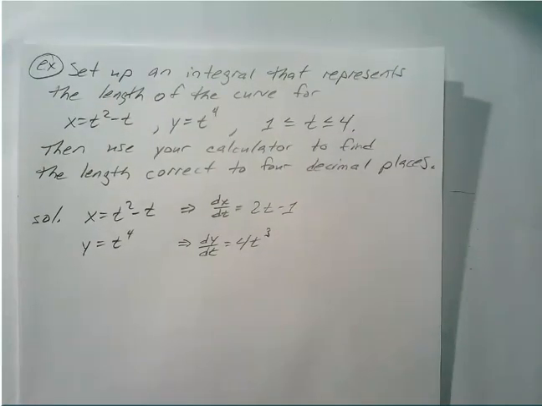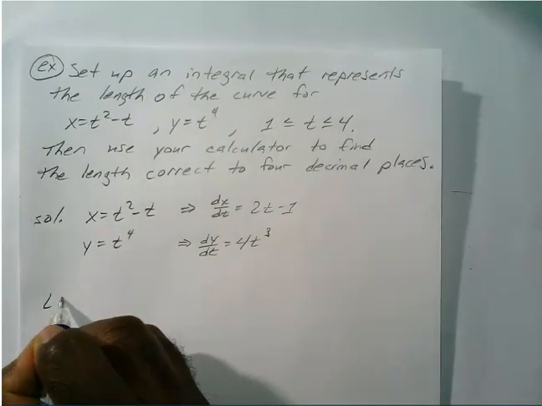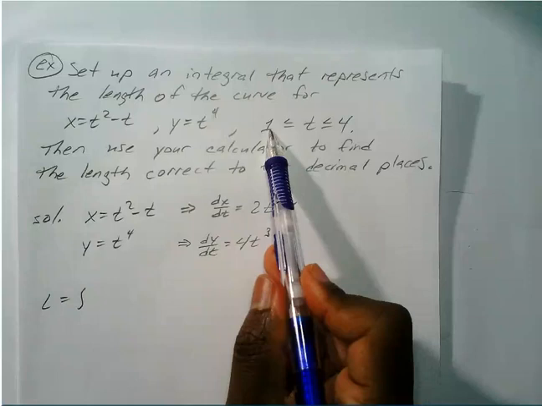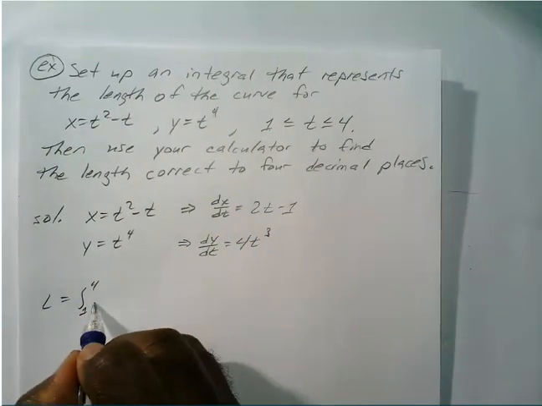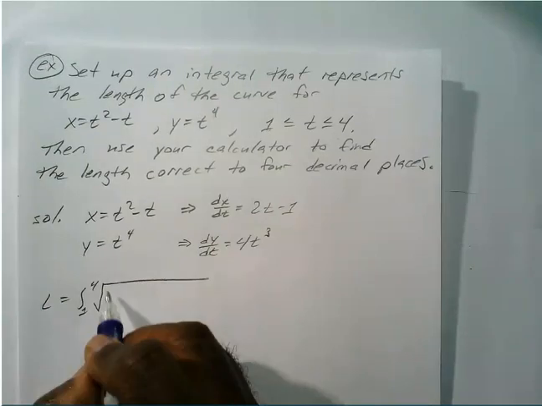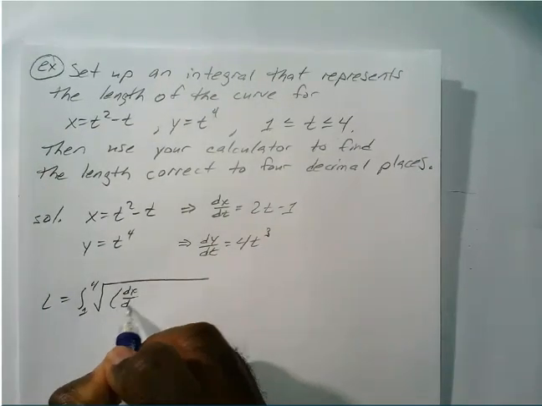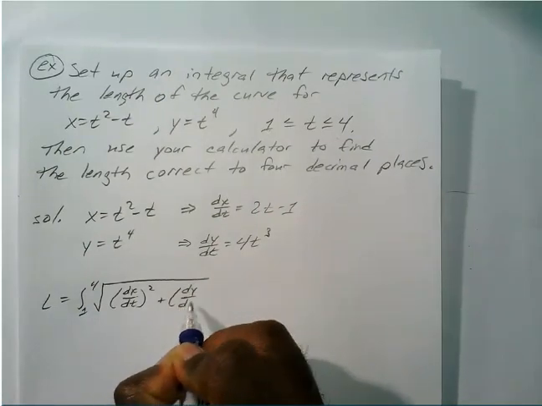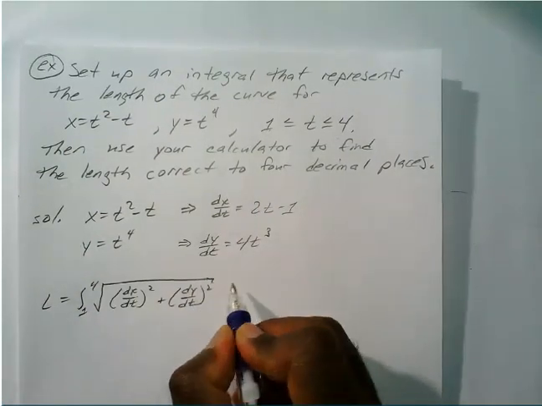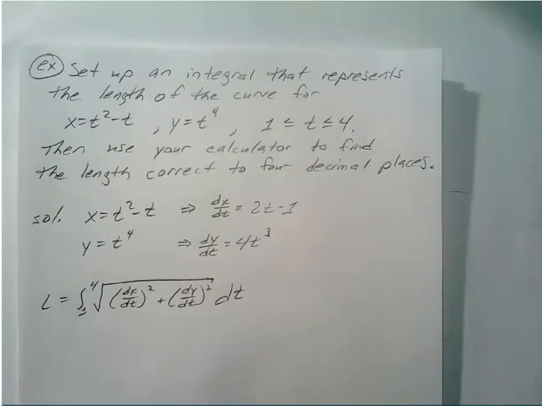Okay, so go ahead and slide that up. So our length is equal to the integral from 1 to 4 of the square root of (dx/dt) squared plus (dy/dt) squared with respect to t.